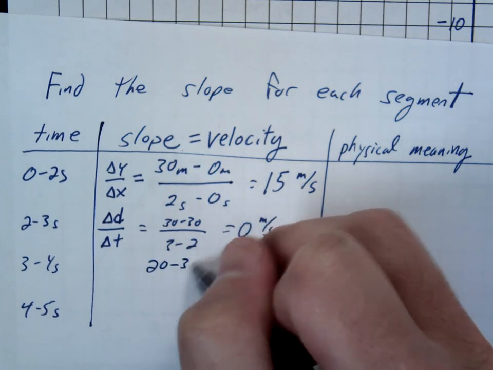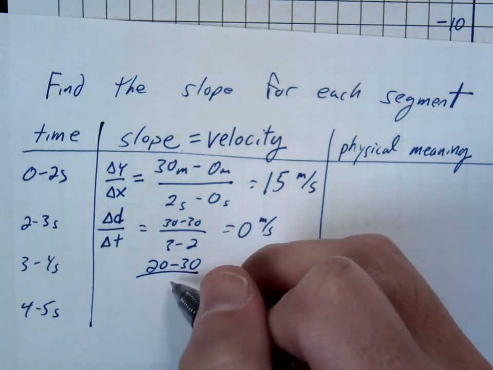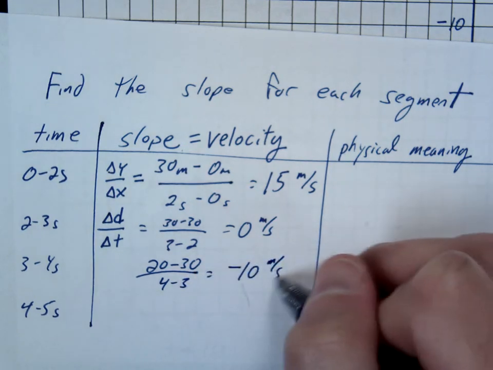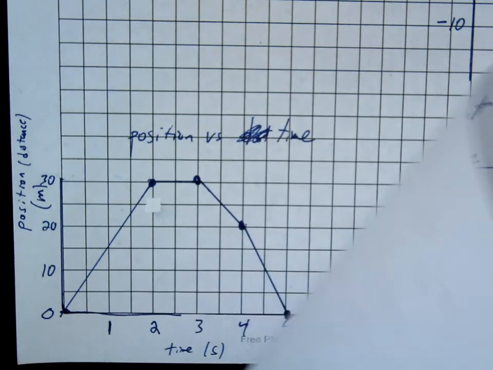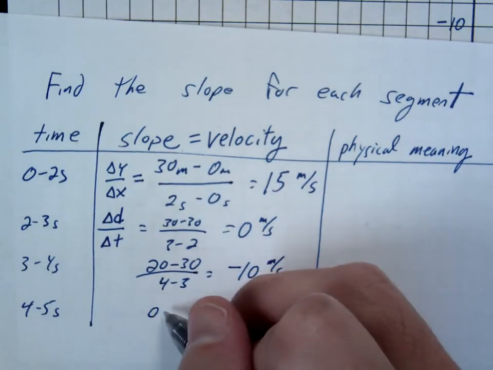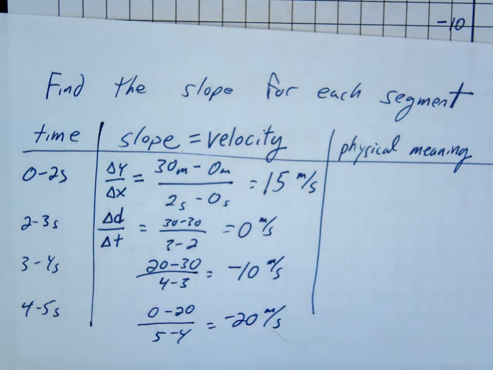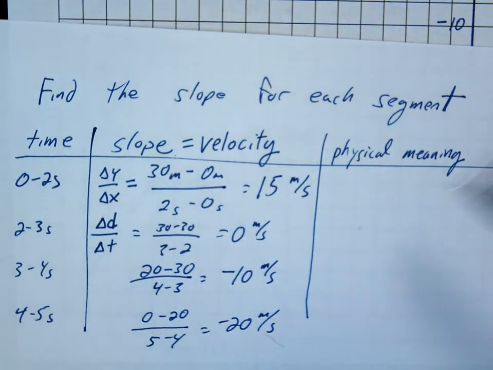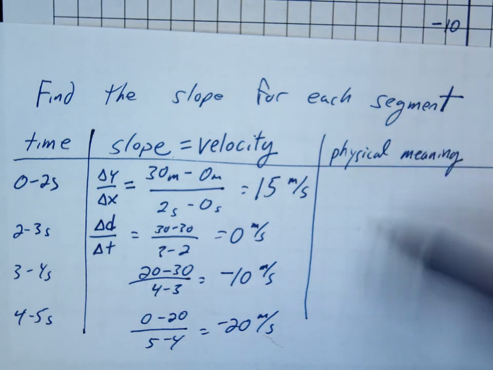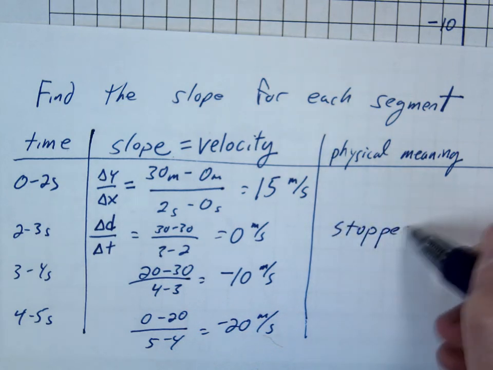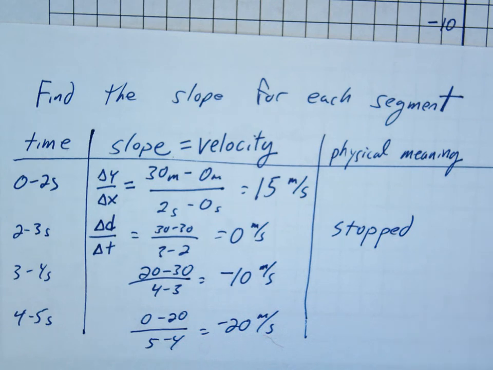Remember, you always do final minus initial when you do your deltas. And if you could, write the physical meaning of these. For example, for 0, we said the physical meaning was that we were stopped. What's the physical meaning of 15, negative 10, and negative 20? Go ahead and write it on your paper, and then we'll discuss.